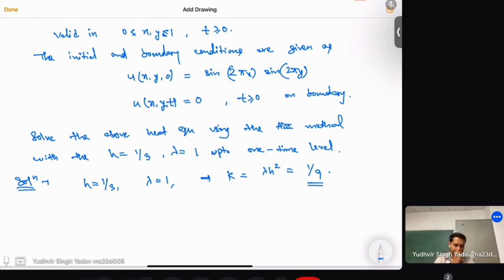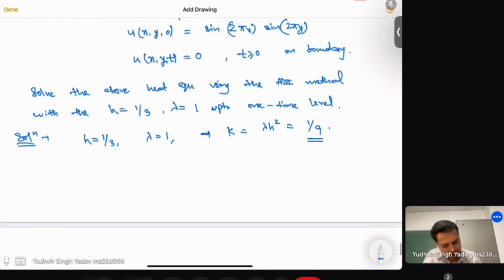So the step size in the time direction is 1 by 9. The domain is 0 to 1, so the points will be 0, 1 by 3, 2 by 3, and 1, and the nodal points are 0, 1, 2, 3.